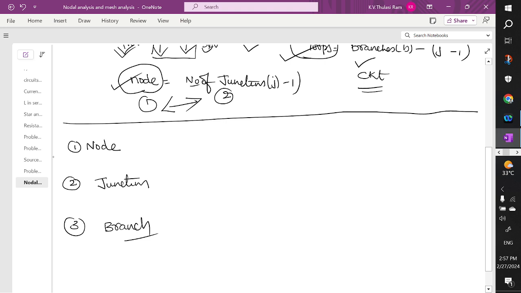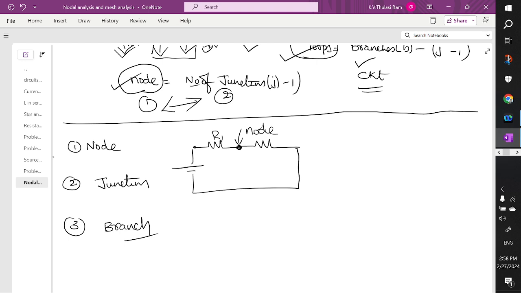A node is an equipotential point between two circuit elements. For example, you have one node here, and you have a resistor here. This joining point is called a node, when two elements are joined. This also will act as a node, and this is node 1 and this is node 2.